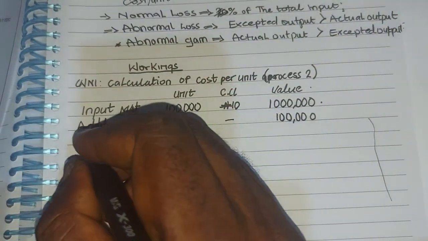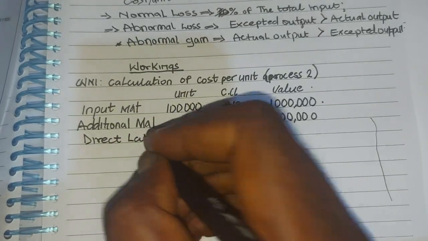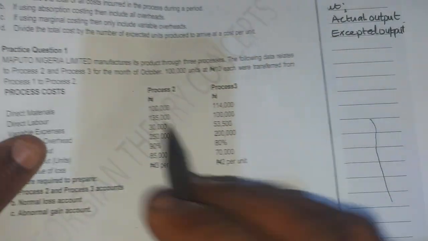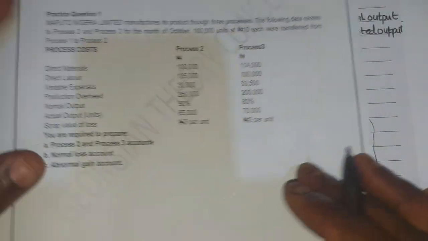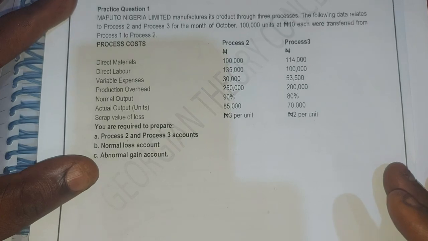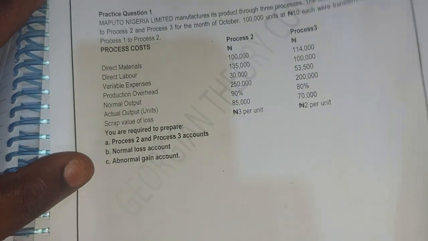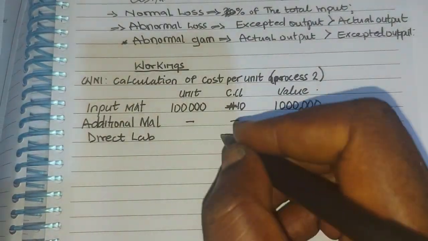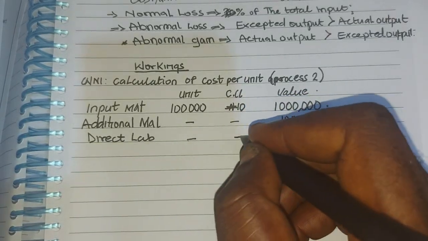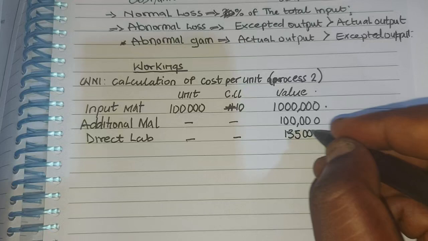Then we have direct labor for process 2. My direct labor here is 135. You can copy the question. Please, you can pause the video, quickly write down the question, then you follow the video as it goes. Okay, so direct labor, put your dash, and that is 135,000.